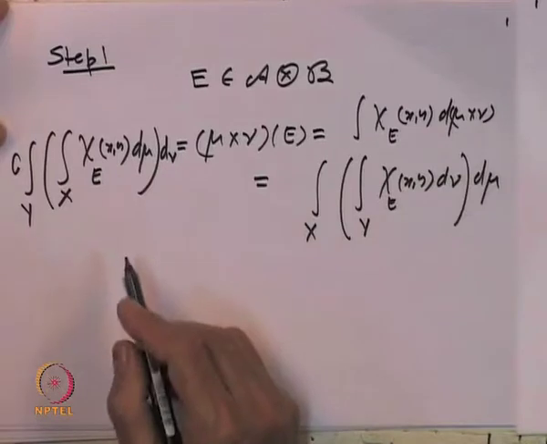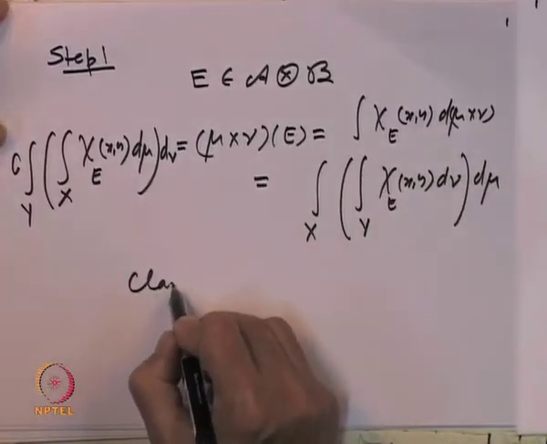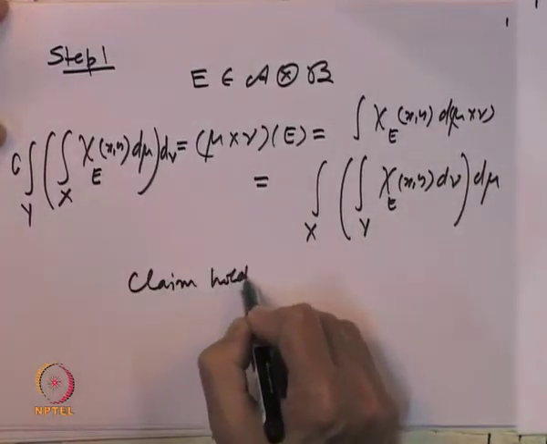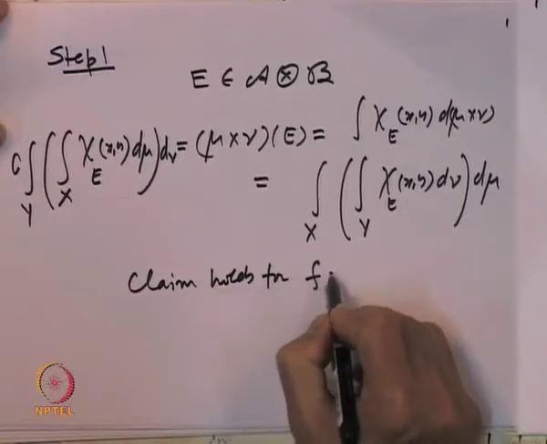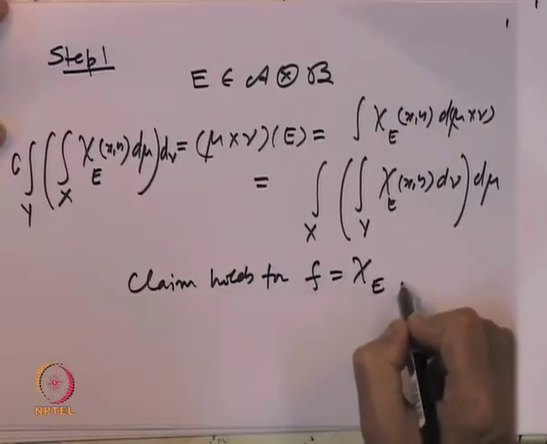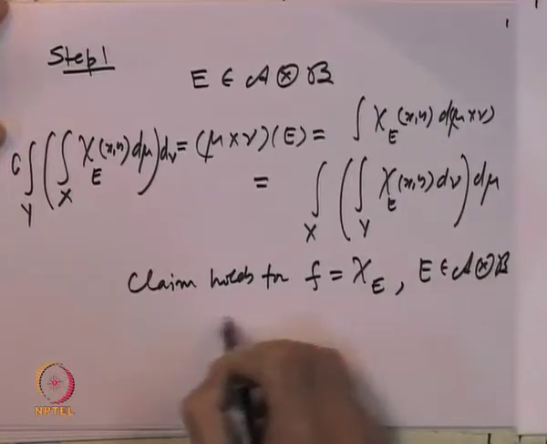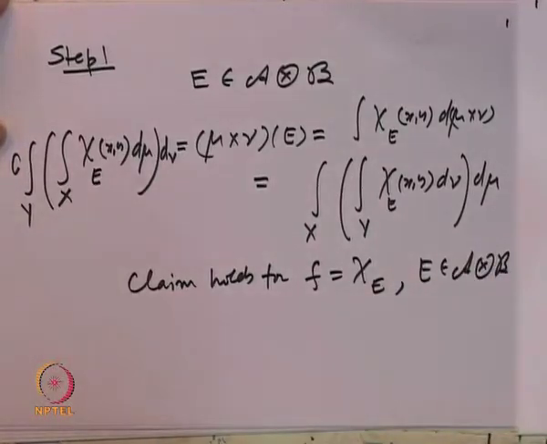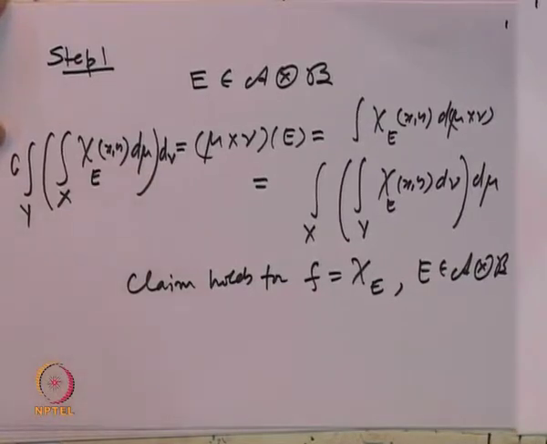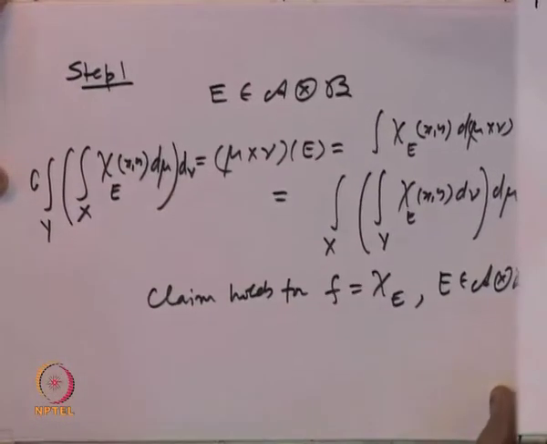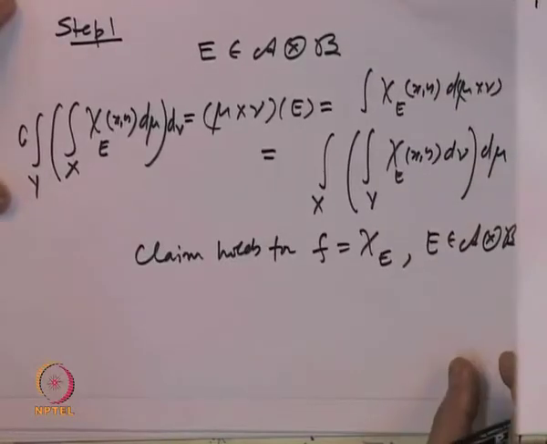So, this is precisely saying that the claim holds for f equal to the indicator function of a set E, E belonging to the product sigma algebra. So, this is step 1, and now from here we want to go to step 2. So, step 2 is, let us take a function.